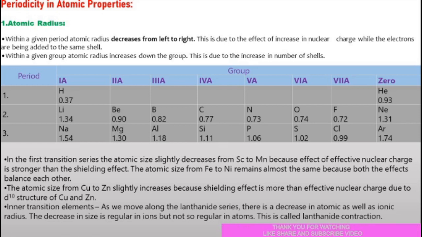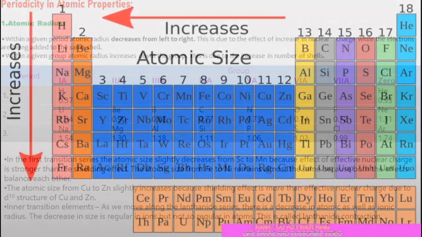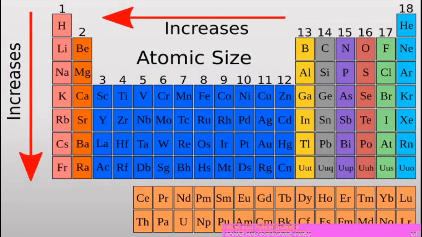Inner transition elements: as we move along the lanthanide series, there is a decrease in atomic as well as ionic radius. The decrease in size is regular in ions but not so regular in atoms. This is called lanthanide contraction. Now we see here the trends of atomic radius according to the periodic table.